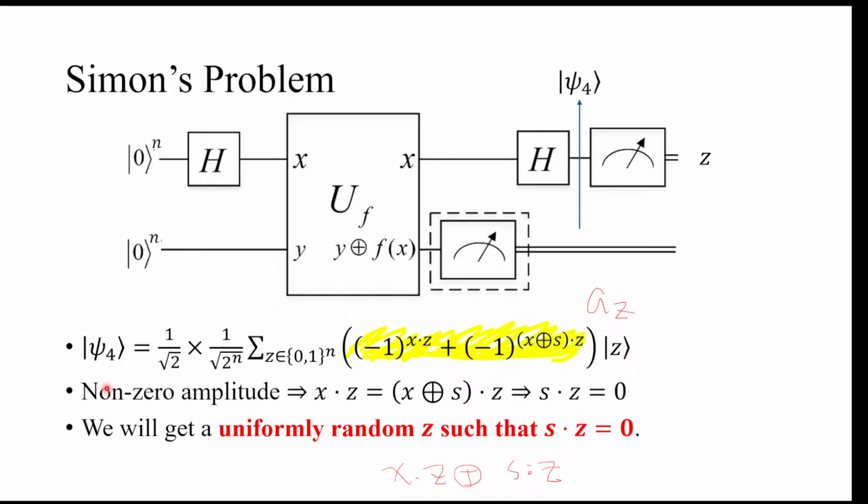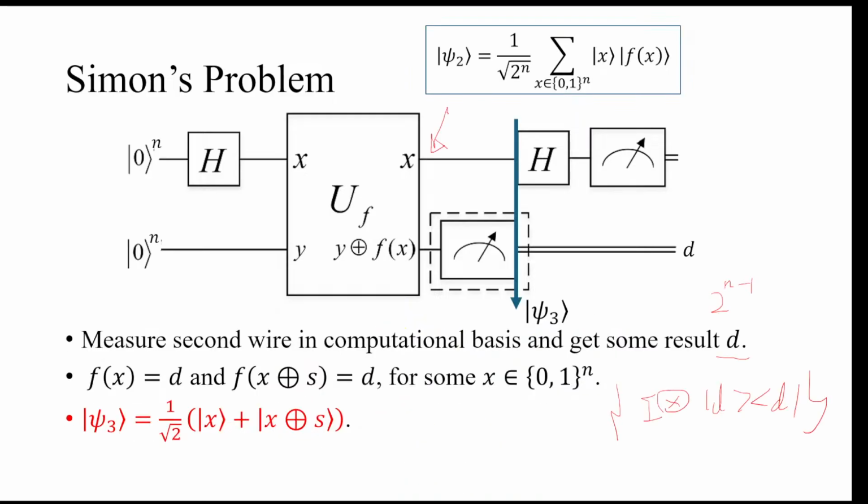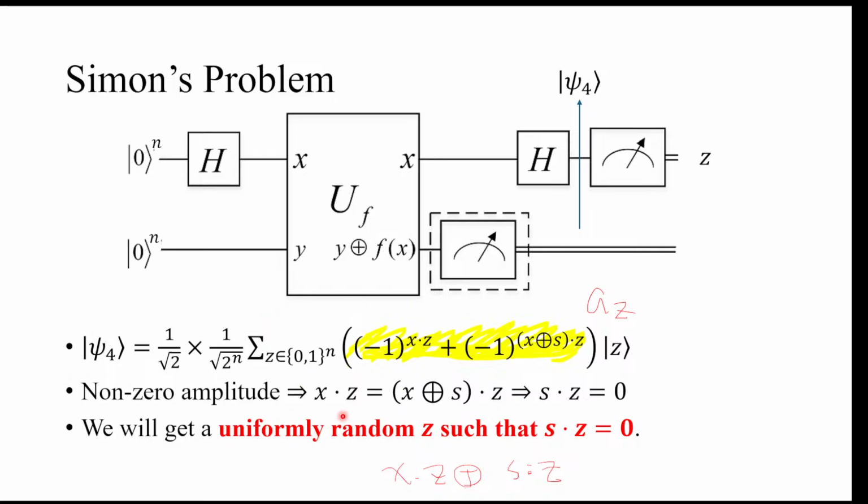So if they are non-zero, then x·z should equal (x+s)·z. And then miraculously we see that the x part cancels out. x is something random and we don't know x, so we really cannot do any computation on x. So it's better that it cancels out.